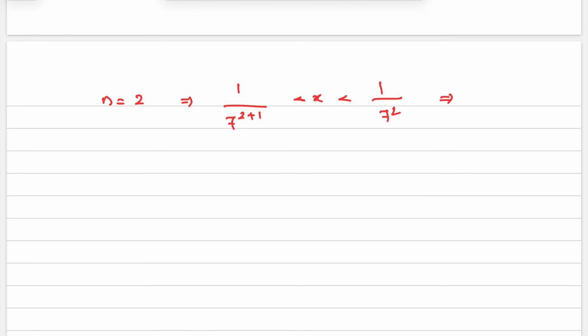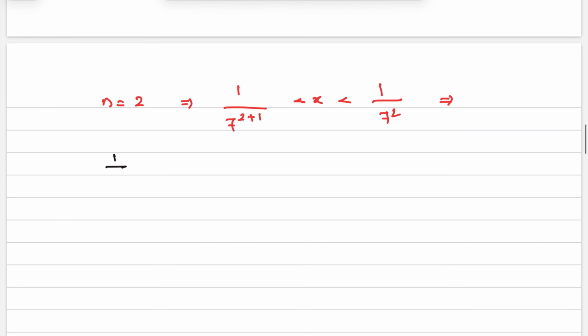That implies 1 by 7 cube is less than x is less than 1 by 49. That implies 1 by 343 is less than x is less than 1 by 49.